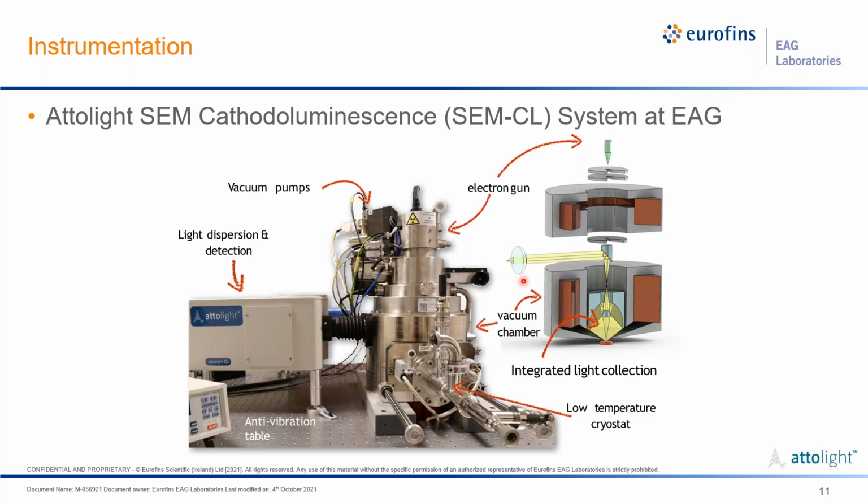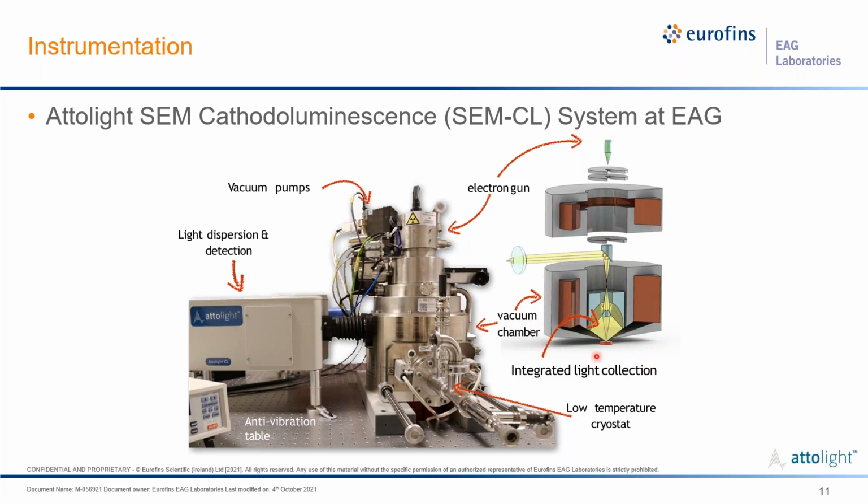Here at EAG, we're somewhat blessed to have an Adelaide SEM cathodoluminescence system. This system comprises an SEM, an electron gun here, a variety of vacuum pumps and a vacuum chamber, coupled with a spectrometer off to the side. The beauty of this instrument is a custom-made SEM column with integrated light collection optics, so this is unlike any other CL system available currently.